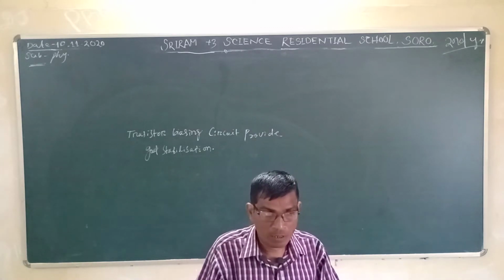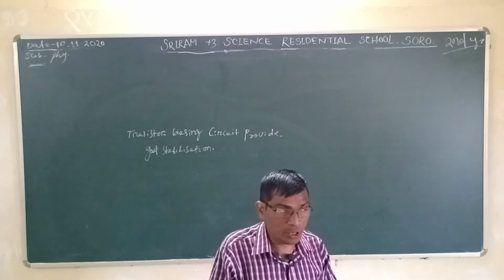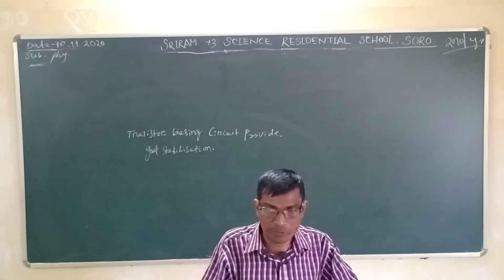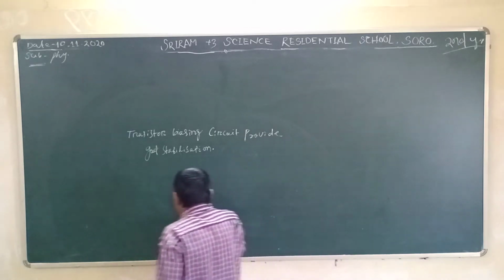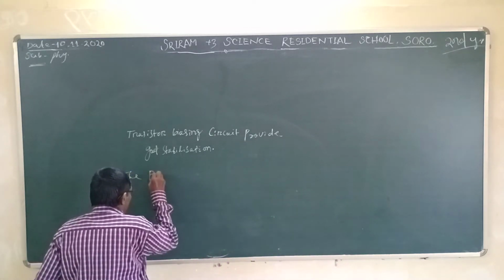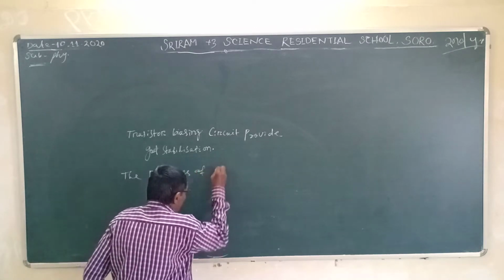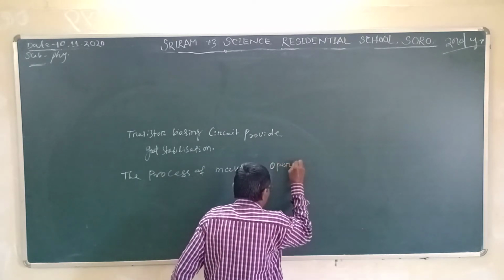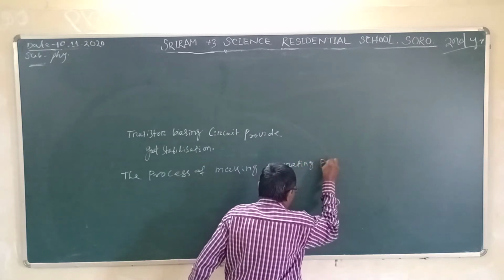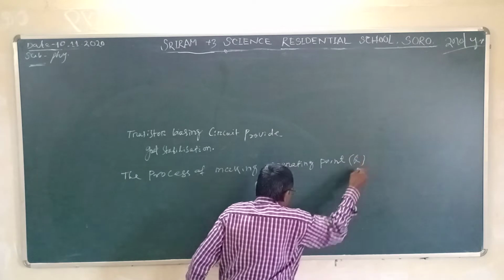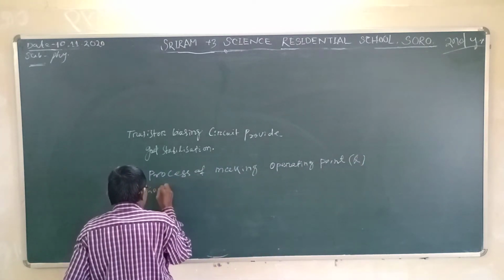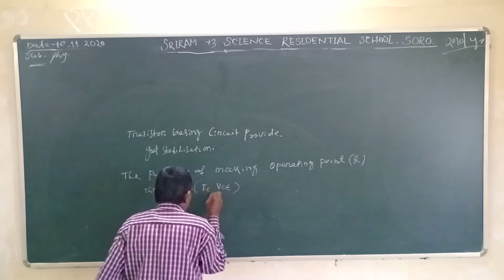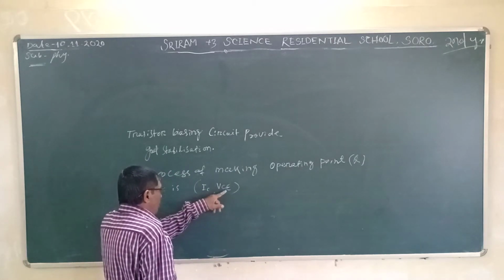Stabilization means the process of making the operating point. Operating point means the Q point, that is IC and VCE, the collector current and collector emitter voltage.